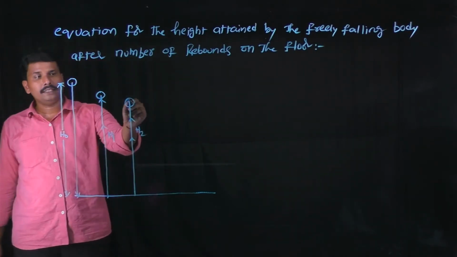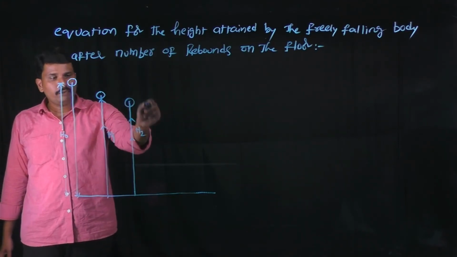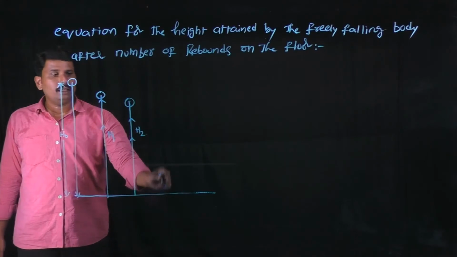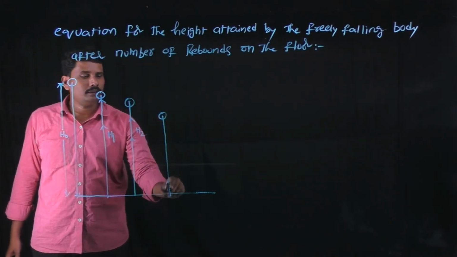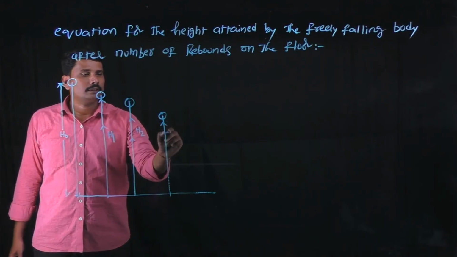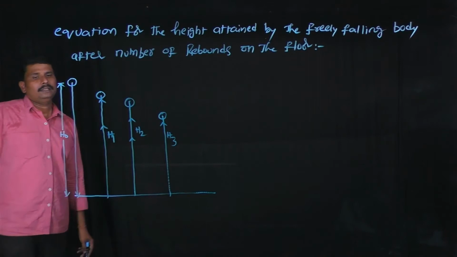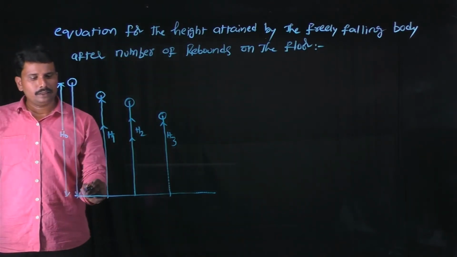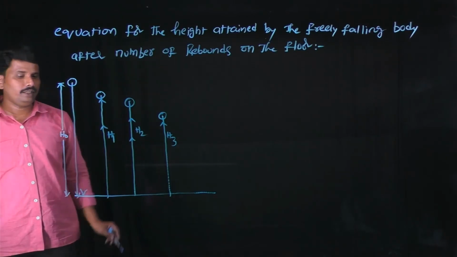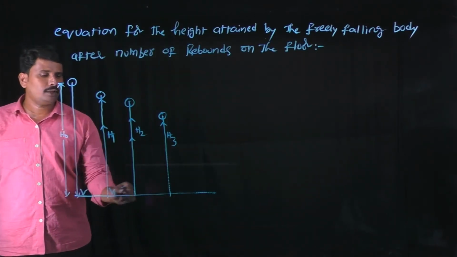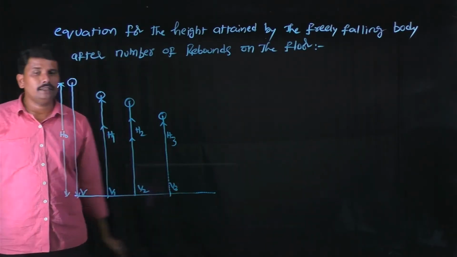From this height, the small sphere again falls like a freely falling body and rebounds to some height h3. Initially, on hitting the ground it has some velocity v1, here v2 and here v3.